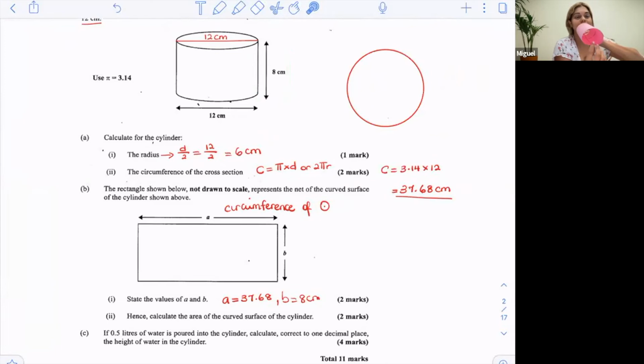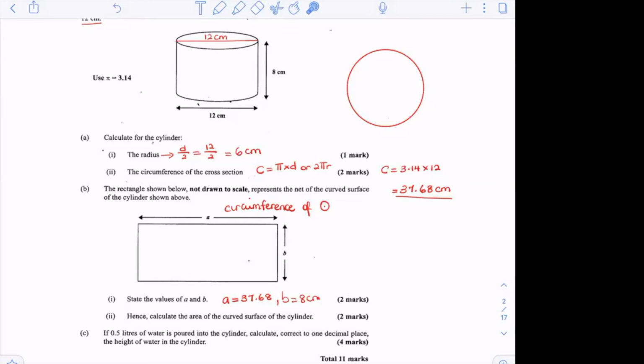This is my cylinder. I ask you to work out the circumference. What is the circumference? It is the distance around the circle. In part 2, we worked out the circumference as 37.68. So when I open my rectangle, this is the length. They ask us to find the area of the curved surface of the cylinder.